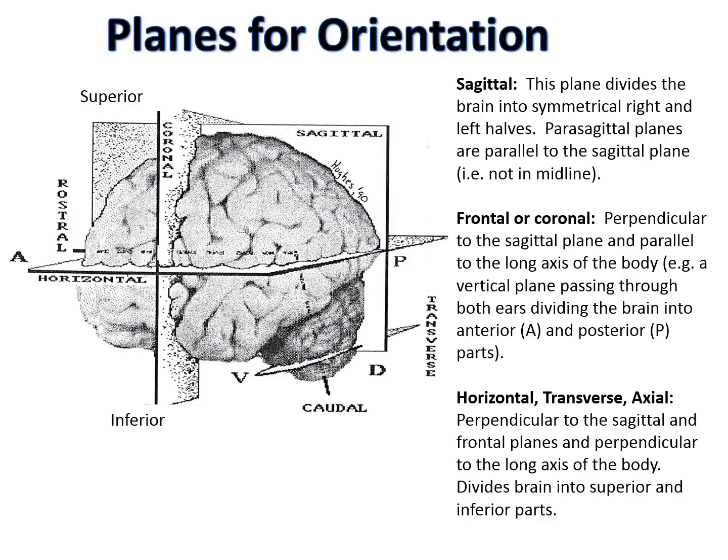Perpendicular to these two orientations is the horizontal, or axial, or transverse orientation, and these would cut the brain from the upper portion to the lower portion, from the superior to the inferior separation, whereas coronal sections would make a separation between rostral and more caudal regions.